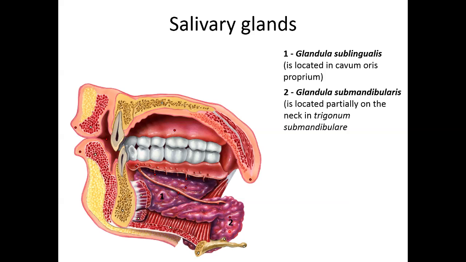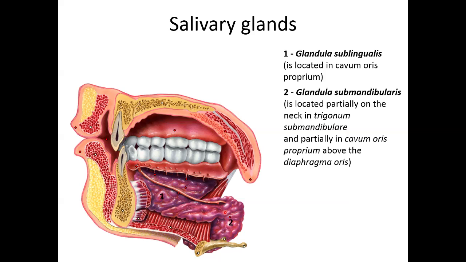One of them is located on the neck in trigonum submandibulare, this part. And another part is located in cavum oris proprium, this part.